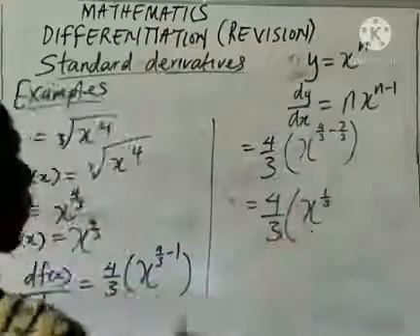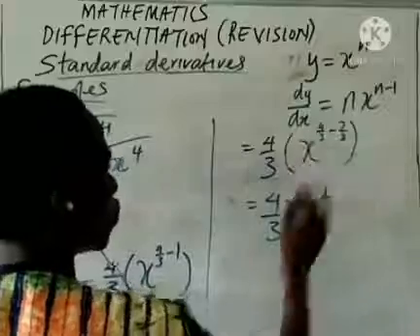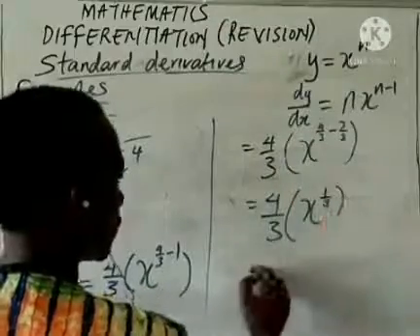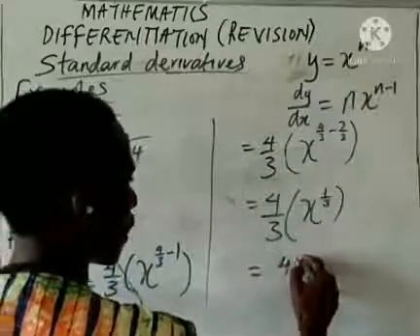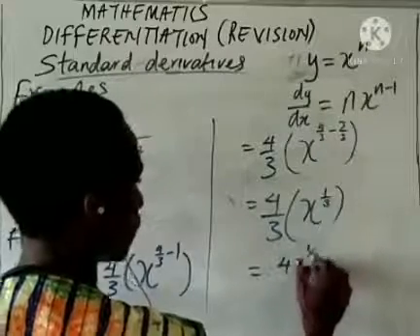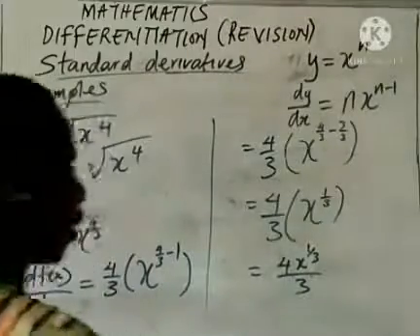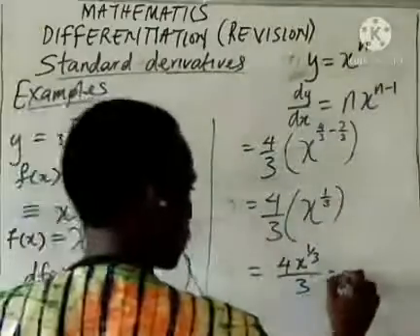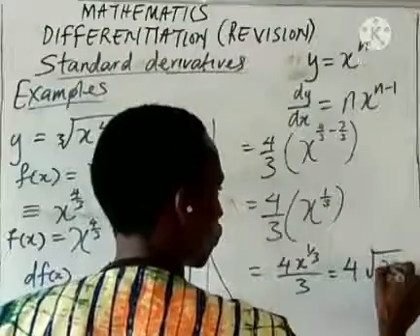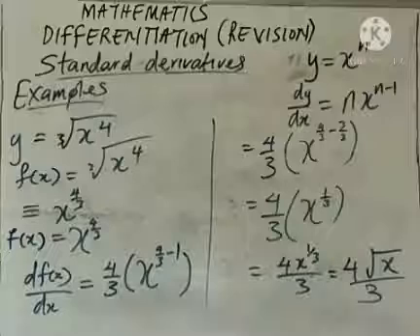Yeah, that's 4 minus 3, that's 1. So the denominators are the same, so I'll be having 1 over 3. So easily I can say I have 4 times x raised to power 1 over 3, all over 3. That 1 over 3 simply means the cube root. So that means 4 into cube root of x all over 3. That is the solution for that.